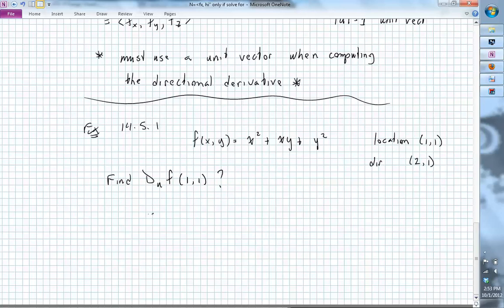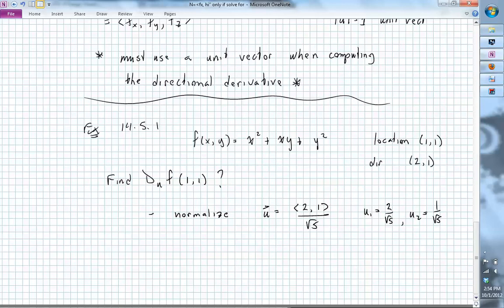Okay, remember what the first step is. Normalize. So that means u is actually equal to 2, 1 divided by root 5. And so u1 is 2 over root 5. u2 is 1 over root 5. Okay? Everybody see what I did there? Good.